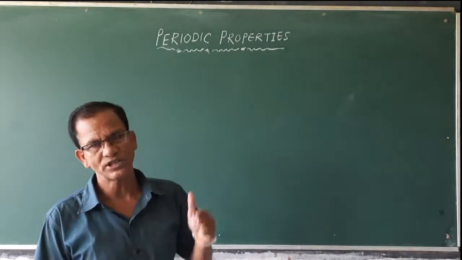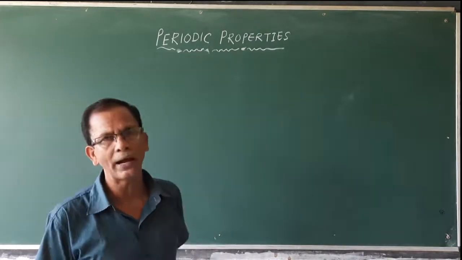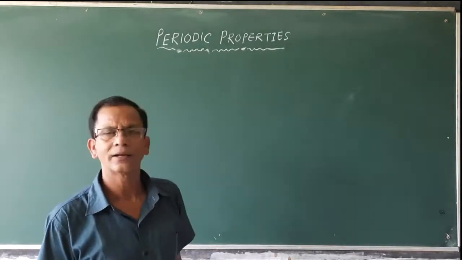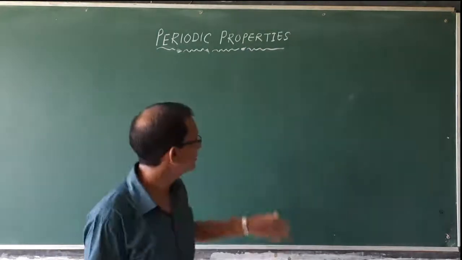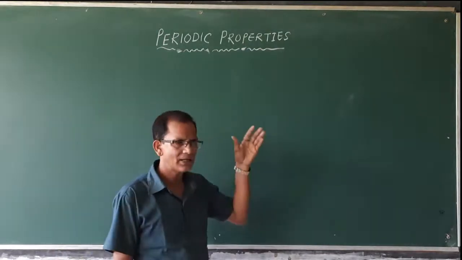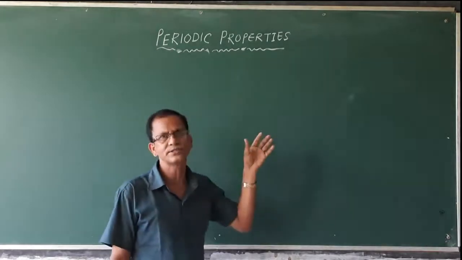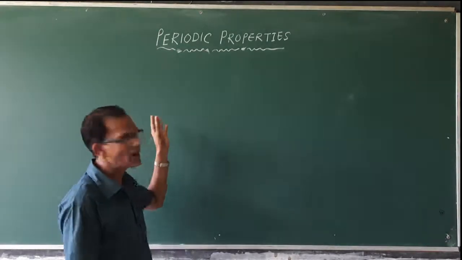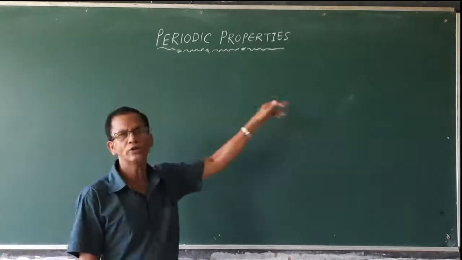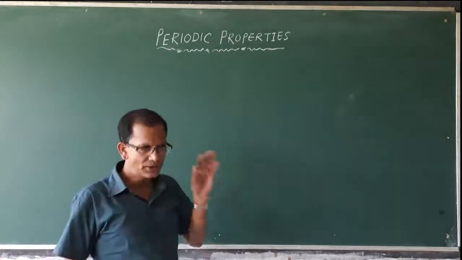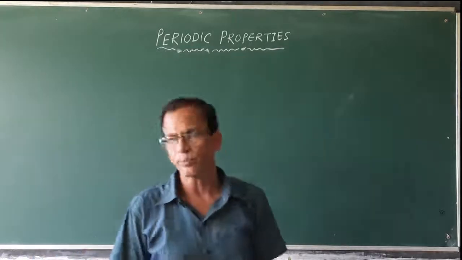The property which changes along the group and period is called a periodic property. That means the property which has a systematic trend along the group and period. Group means vertical columns and period means horizontal rows. These properties are called periodic properties.